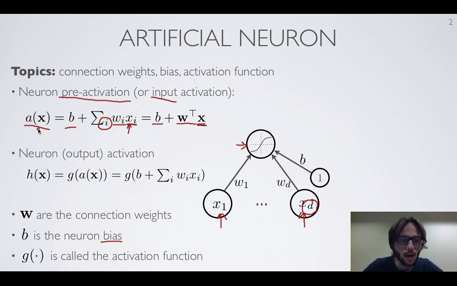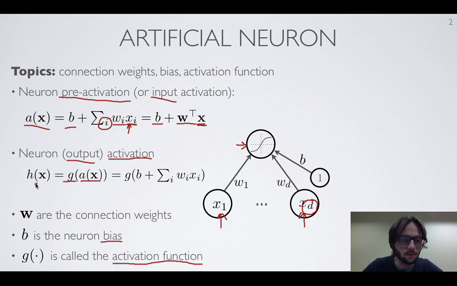And then from this pre-activation, the neuron will compute its activation, which is sometimes referred to as the output activation of the neuron, by simply taking the pre-activation and passing it through an activation function. So this g function here is what we're going to call the activation function, and there are going to be different choices of potential activation functions we will be able to use.